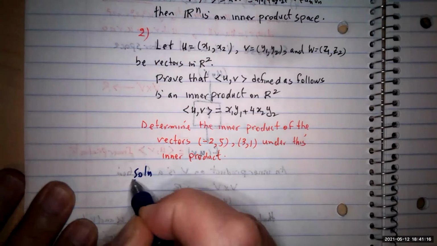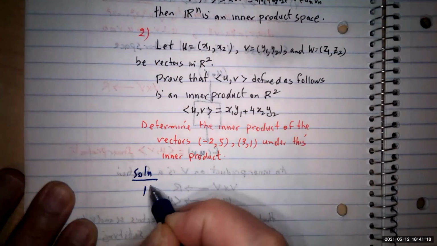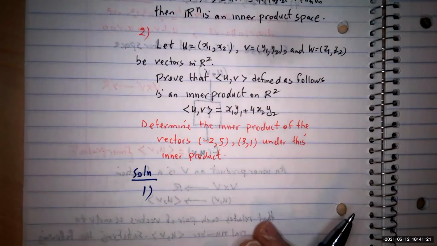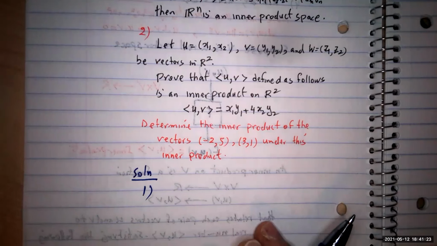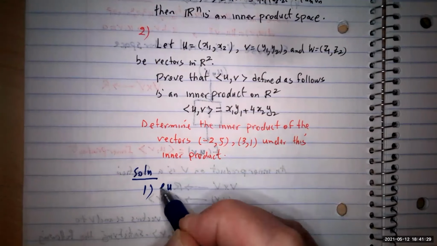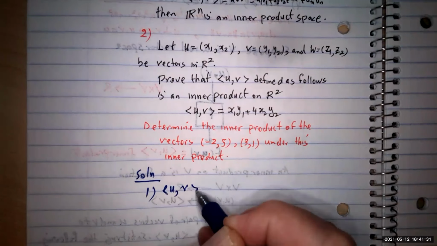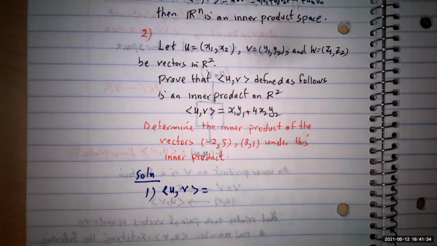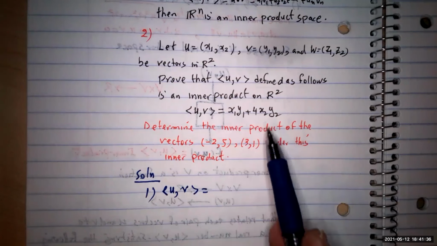The solution is that you start with the first condition, axiom 1, which we call symmetry. You start with U and V, and then you switch them. I want to prove that this is equal to V and U. It's easy because they are numbers.